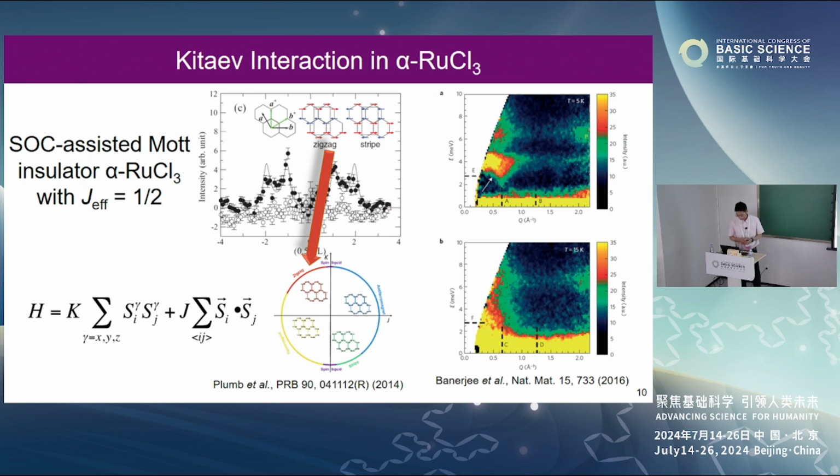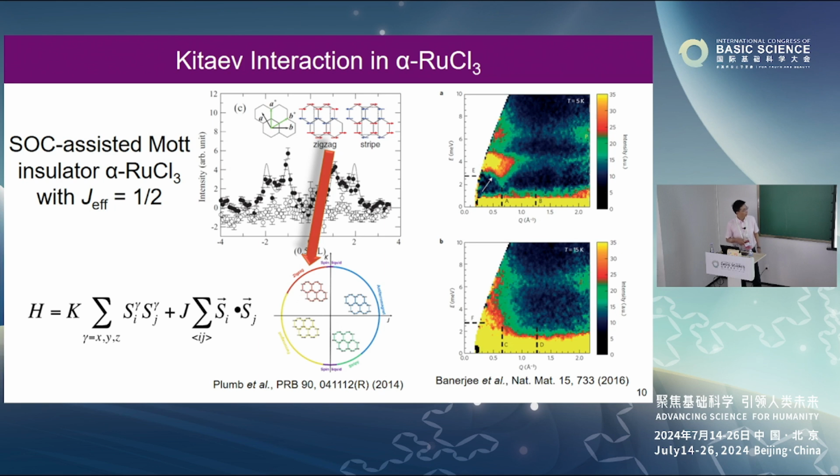In 2006, Young Kim at the University of Toronto proposed another material, alpha-ruthenium trichloride, which is the main player of the talk today. And he proposed that this material can also have this kind of effective spin one-half state. And most importantly, they also found that the system has zigzag order at low temperatures.